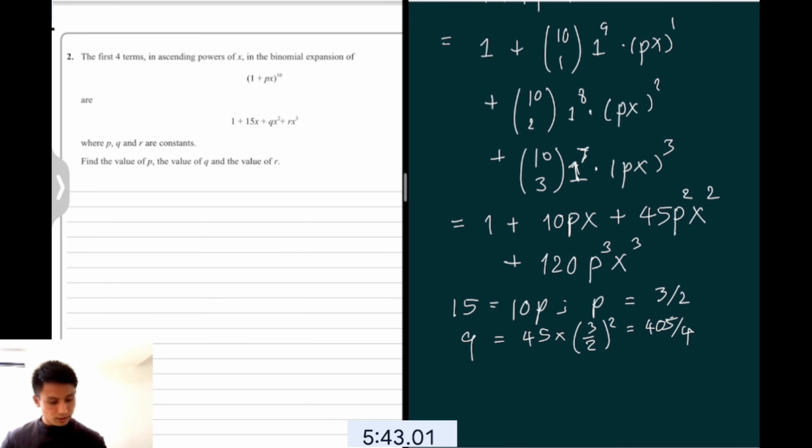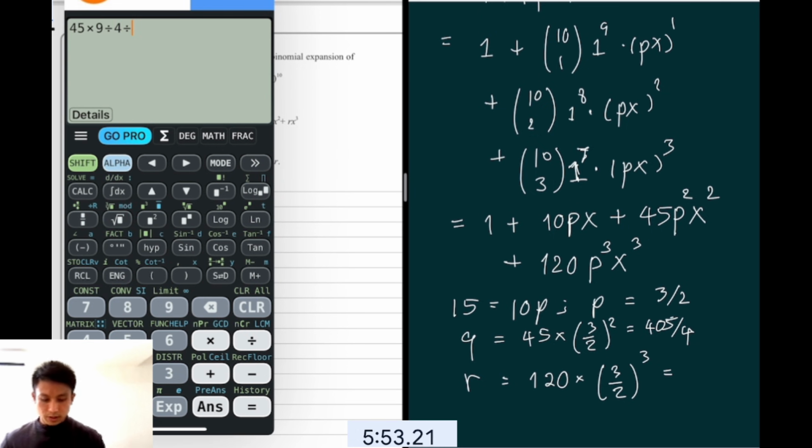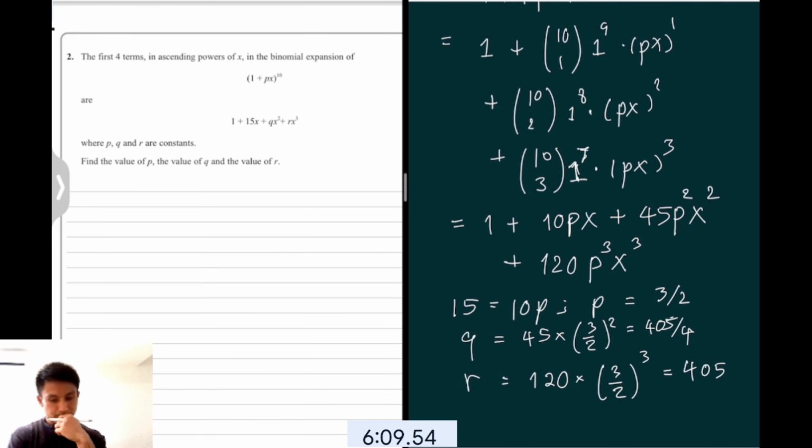Maybe that. And then r, well, r is 20 times p cubed. So 3 over 2 cubed, that would be 20 times 1.5 cubed. Let's see if I made any mistake there, because you can't be too careless about this.